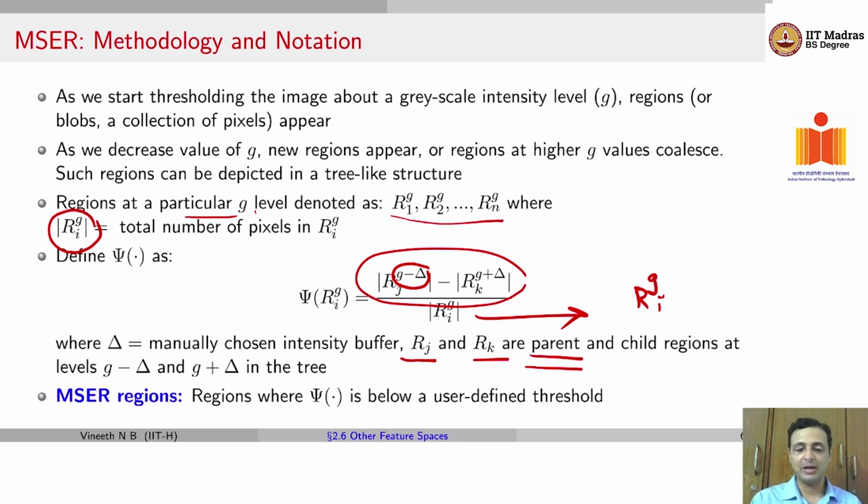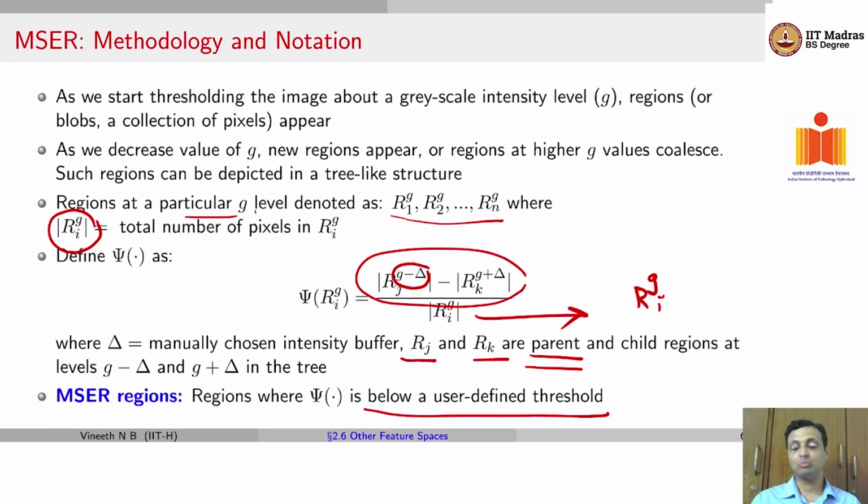So you're going to have a parent region Rj, which is defined at G minus delta. And at G plus delta, when you increase the threshold, the region may get smaller. The white region may get smaller. We're going to define that as a child, and that's defined by Rk. And if this quantity psi, which is the difference between Rj and Rk, is below a user defined threshold, you would call those regions maximally stable extremal regions.